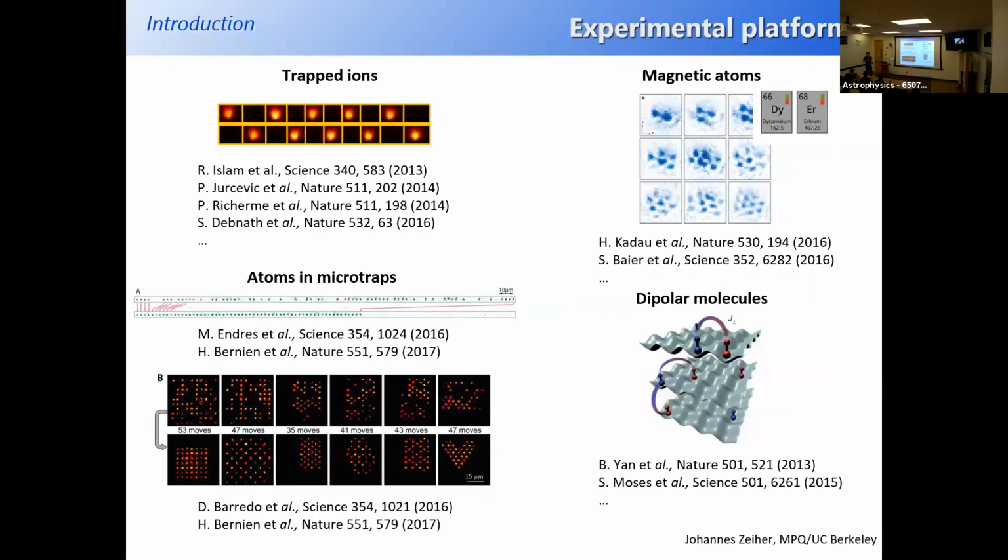So this is very closely related. There are magnetic atoms, obviously, which are also being pursued actively here. I think at Stanford they show magnetic dipolar interactions, and there have been nice results also out of Innsbruck and Stuttgart. And there are dipolar molecules, where you use an electric dipole to get these long-range interactions. So there are various platforms.